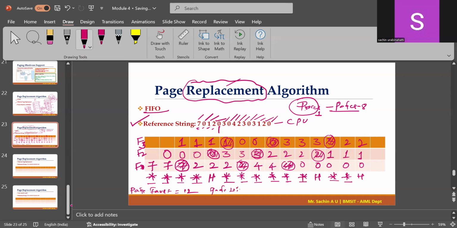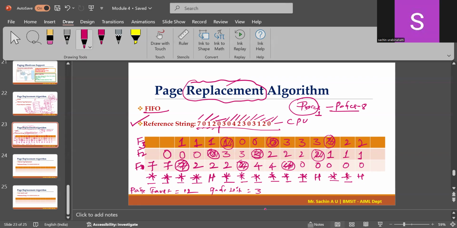Page hits are 1, 2, and 3. Is it equal to 15? Yes. How many pages were requested by CPU? 15. Out of 15, page hits are 3. That means 3 times the request done by CPU is present in the main memory, and 12 times it was not present in the main memory. So that is why page faults are 12 and page hits are 3.